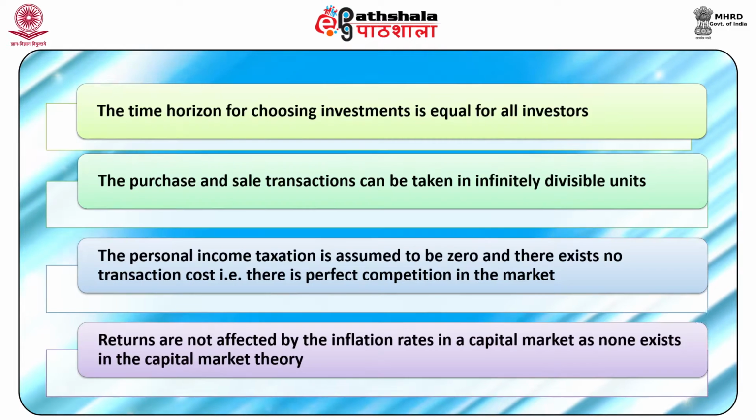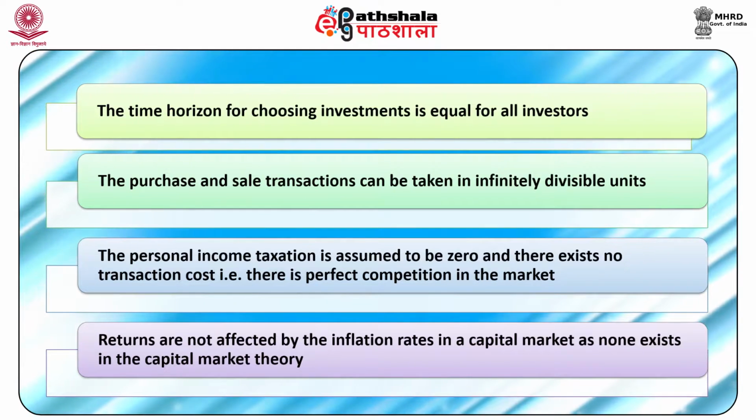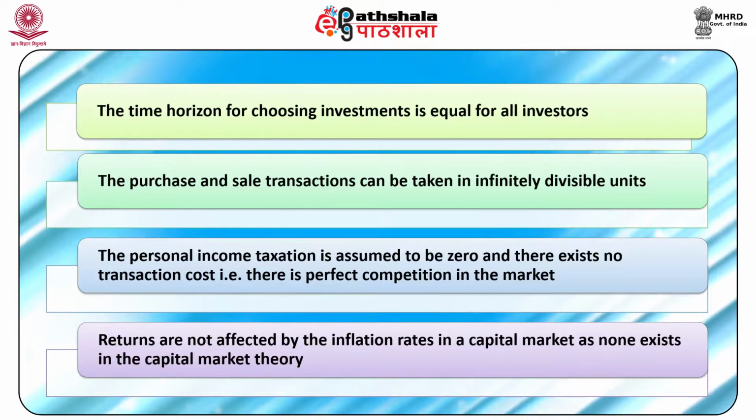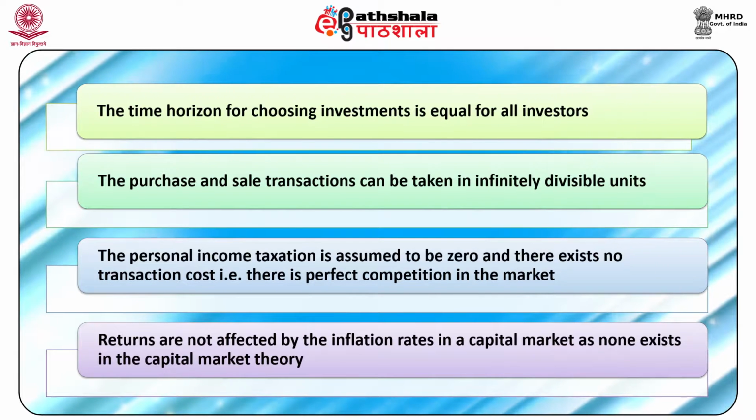Next, the investors are assumed to lend and borrow any amount of money at the risk-free rate. Next, the time horizon for choosing investments is equal for all investors. Next, the purchase and sale transactions can be taken in infinitely divisible units.